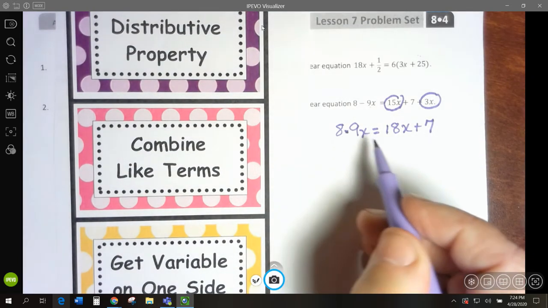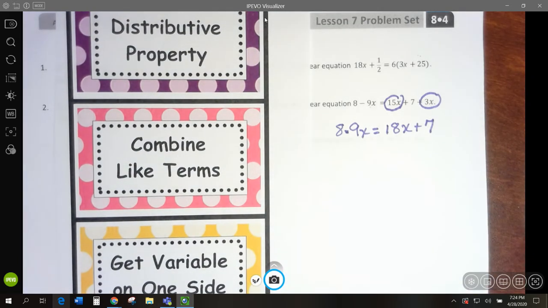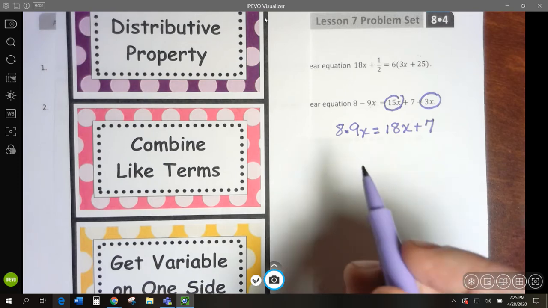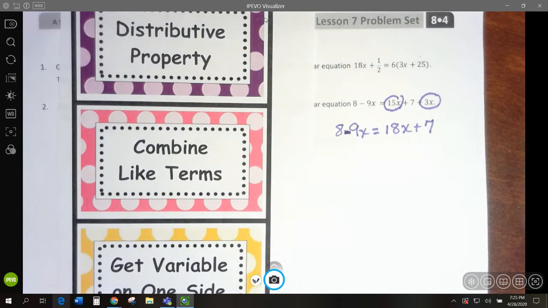Well, it does not look like we have the same number of x's on both sides. So I think we're going to have just one solution, but let's show that.